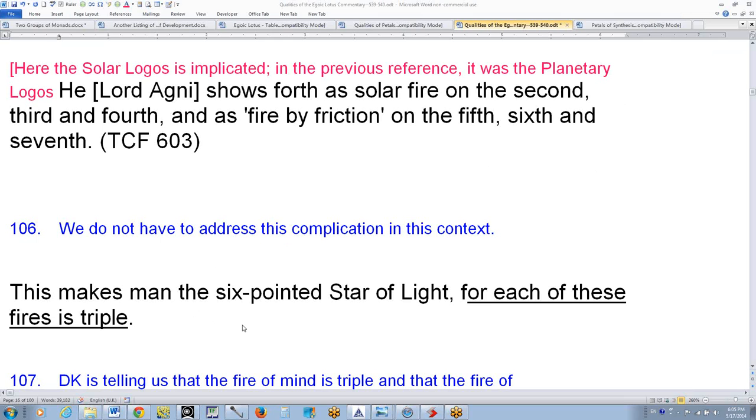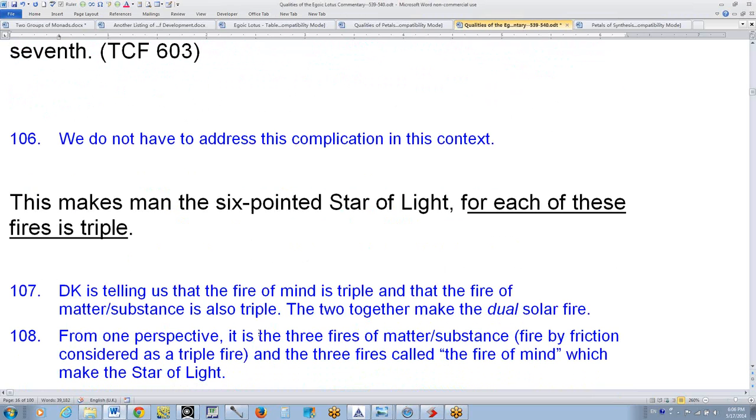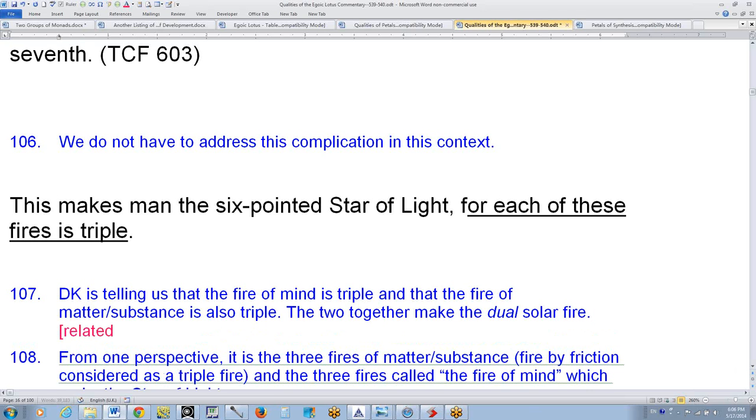So this makes man the six-pointed star of light, for each of these fires is triple. So the fire of mind is triple, and the fire of matter substance is also triple. The two together will make the dual solar fire, related by sixness to the monad, the six-pointed star.